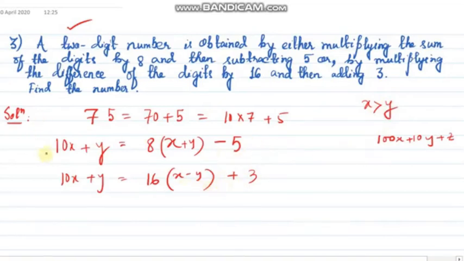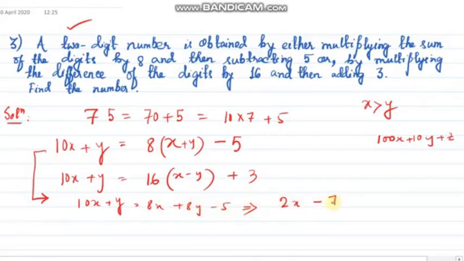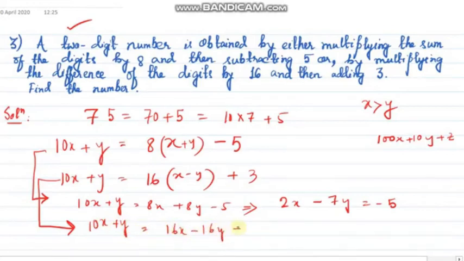So from the first equation, 10x plus y equals 8x plus 8y minus 5. If I simplify, it will be 2x minus 7y equals minus 5, right? From the other equation, 10x plus y equals 16x minus 16y plus 3. So if I take all the terms to one side, minus 6x plus 17y equals 3.